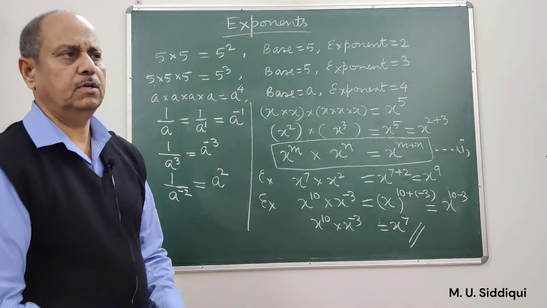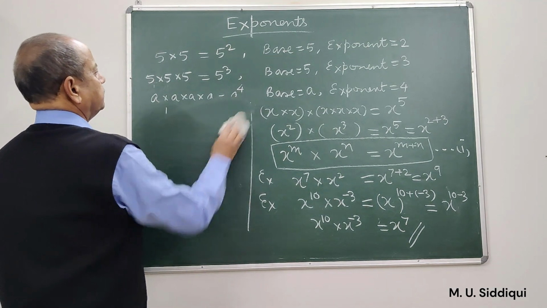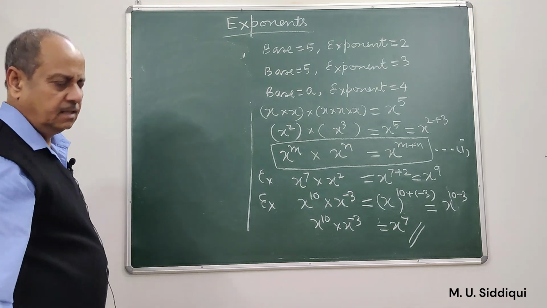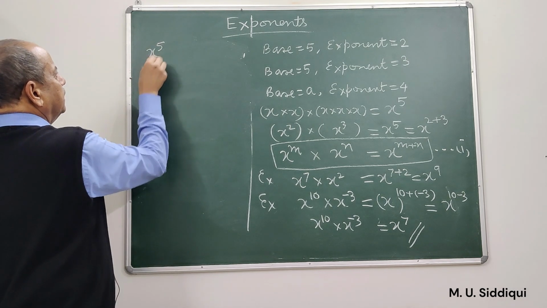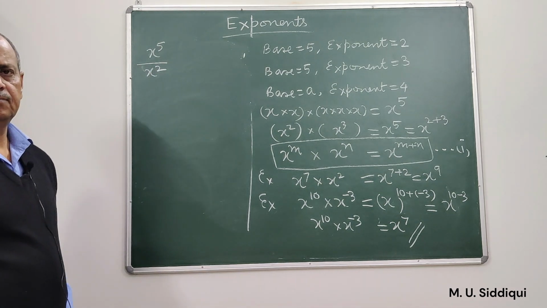Similarly, we can make one or two more. Let's see how. If you have say x to power 5, you have to divide it by x to power 2, for example.